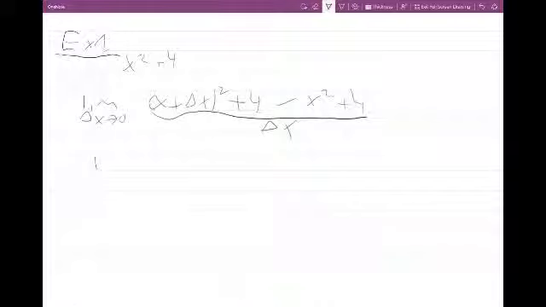So it would be the limit as delta x approaches 0. First you would FOIL x plus delta x squared, which becomes x squared plus 2x delta x plus delta x squared, and then plus 4.